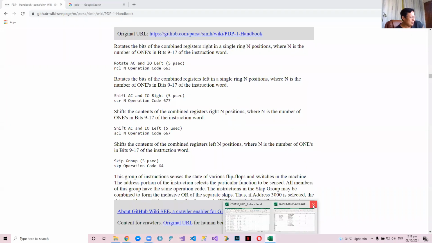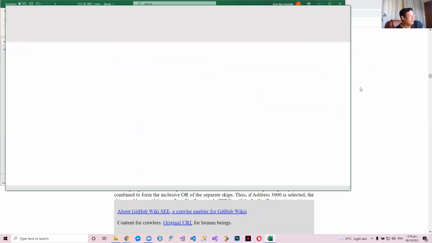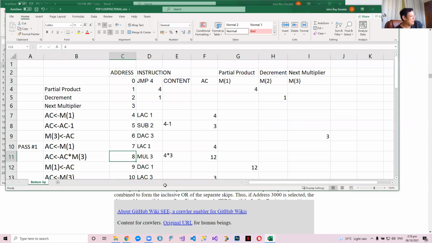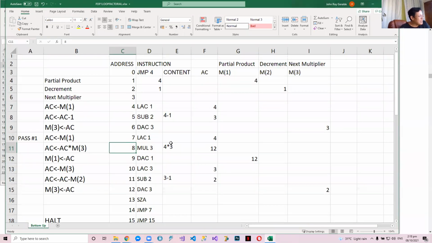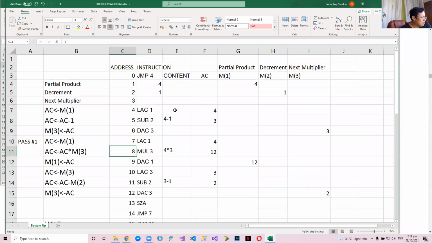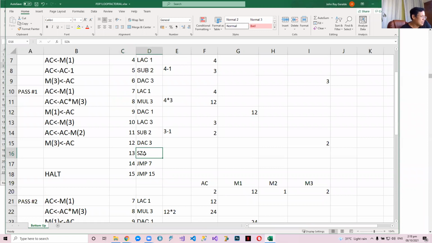Now, let me show you the equivalent of the factorial program on the PDP-1. Okay. So, you'll find it much simpler. Okay. So, I translated this from the IAS. No? So, this is a bottom-up loop, but yes, the condition is at the bottom.